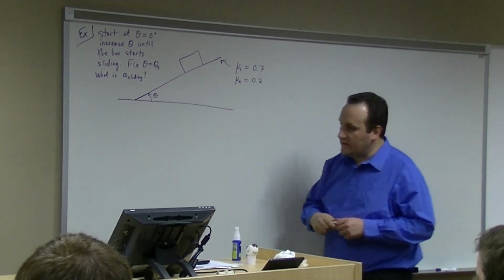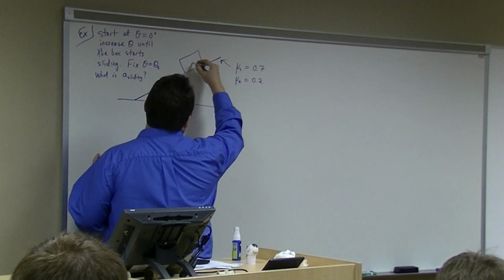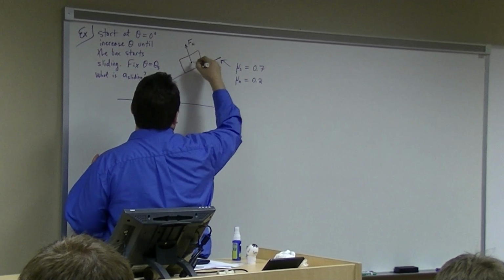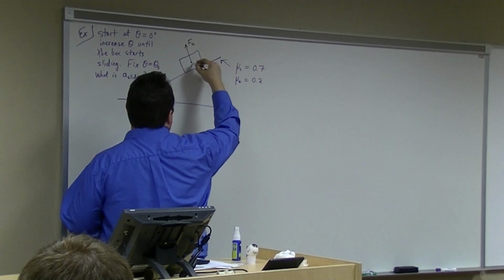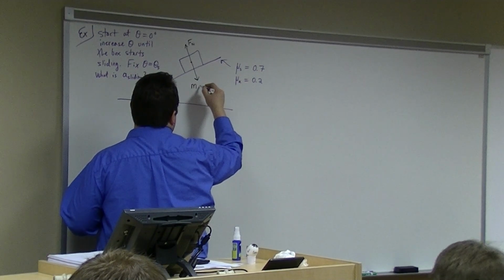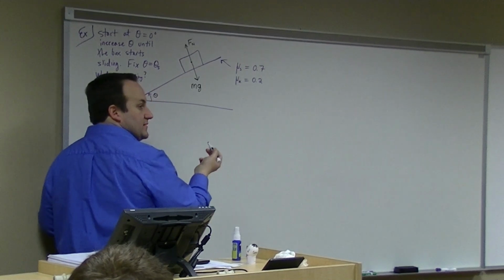All right. So we draw the free body diagram, and I'm just going to go ahead and get to the point here. There's a normal force like this. There's the part of gravity which is perpendicular to the plane, which in this case is what? mg, is it sine theta? Is it cosine theta? It's cosine theta, right?